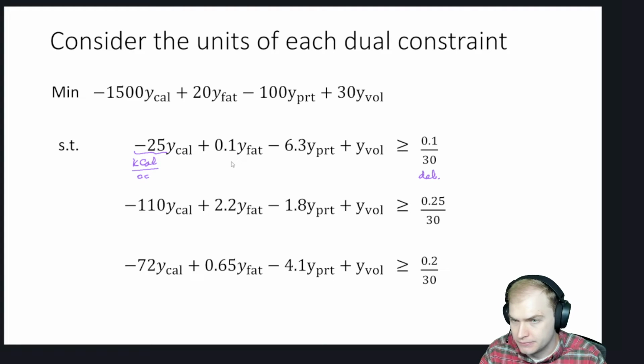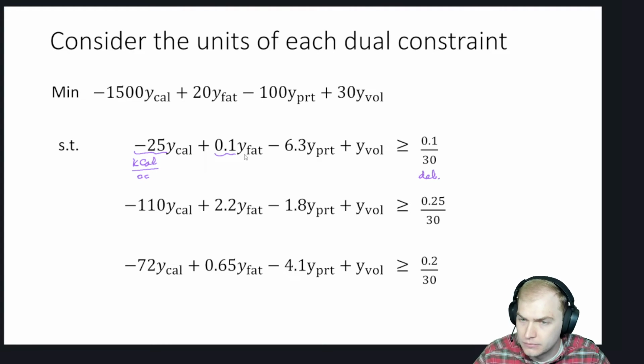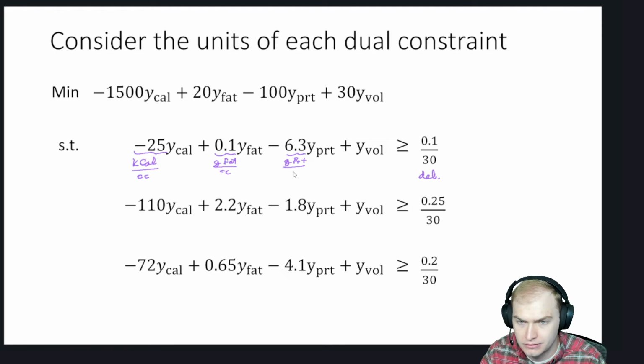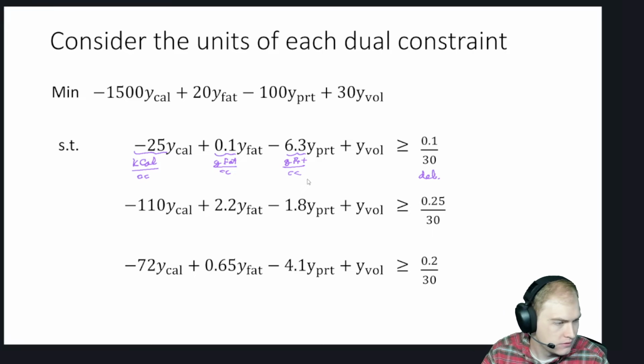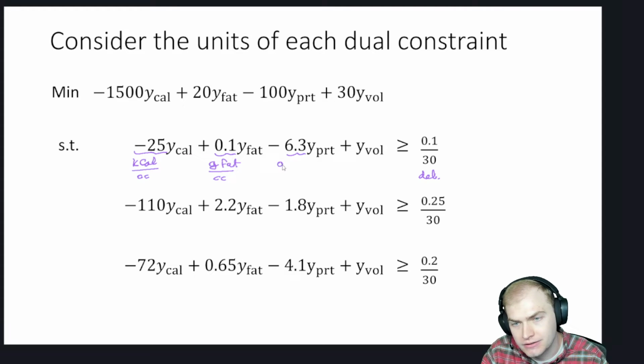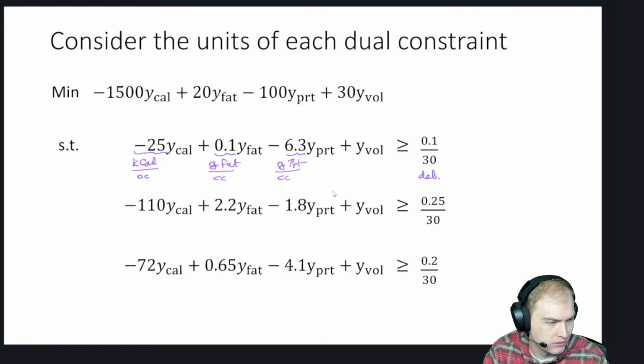And this is grams of fat per cubic centimeter. This is grams of protein per cubic centimeter. These are a little small to see, let me write those bigger. This is grams of fat per cubic centimeter, and this is grams of protein per cubic centimeter. That's barely any bigger.